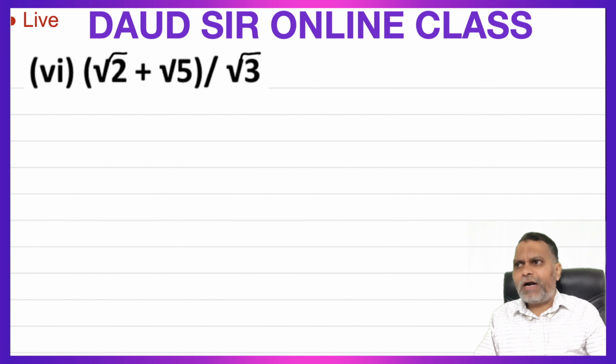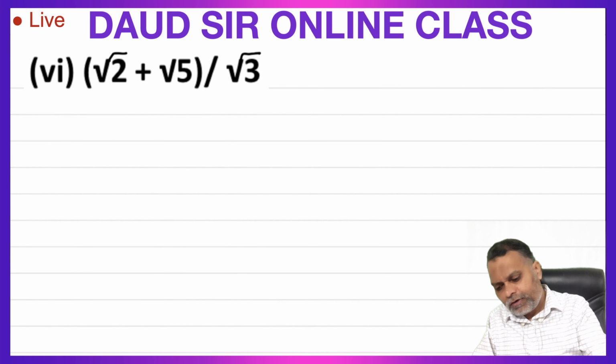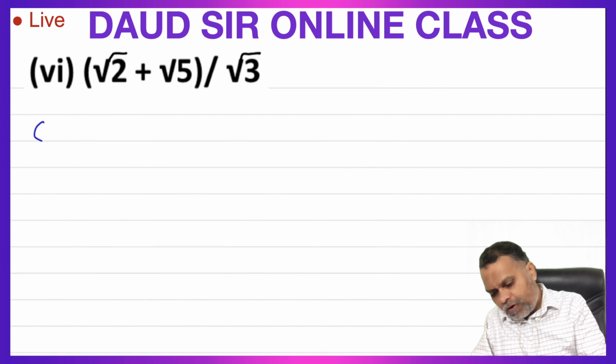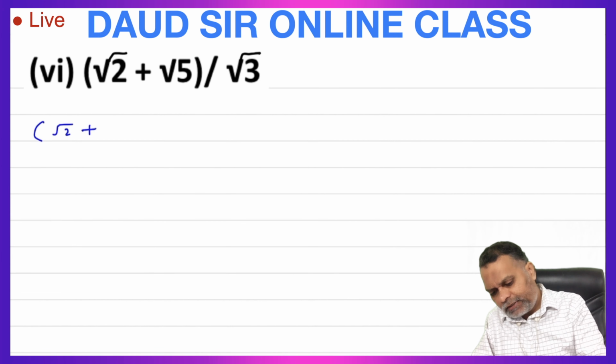Question number first part 6. Root 2 plus root 5 divided by root 3.